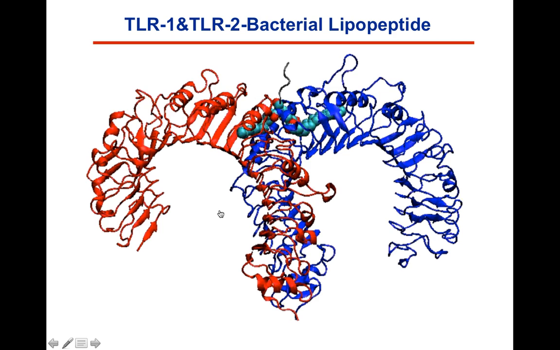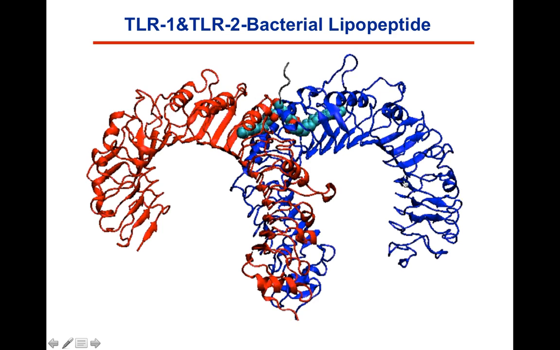Here's one of those. Here's a crystal structure of one of those toll-like receptors. It's TLR1 and TLR2, which is binding to the bacterial lipopeptide. And you can see here these two crescent shapes, and in the middle here in this space-filling model is the molecule it's binding to. It's recognizing.